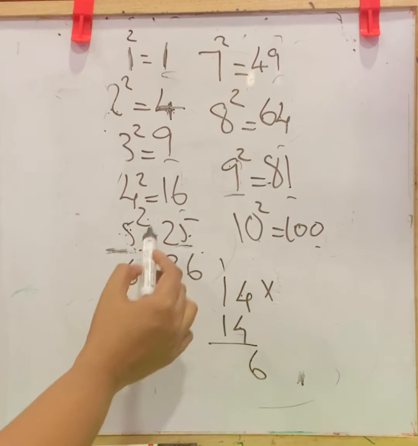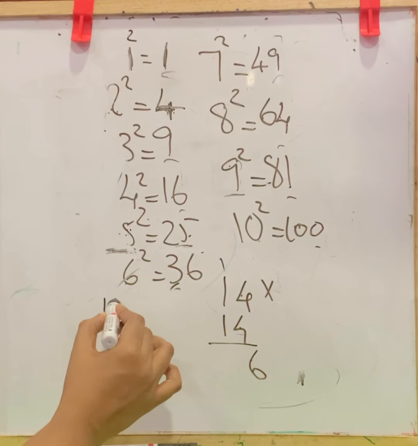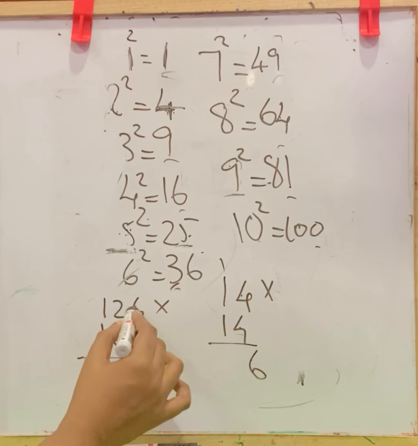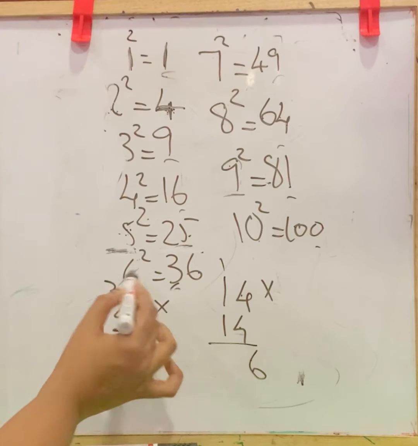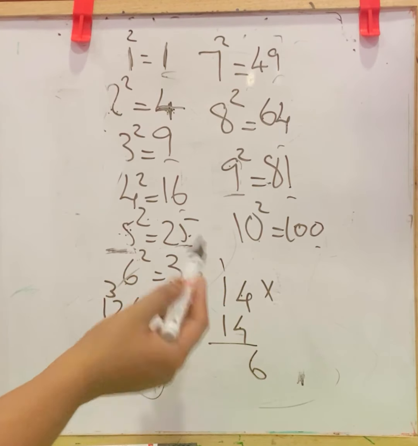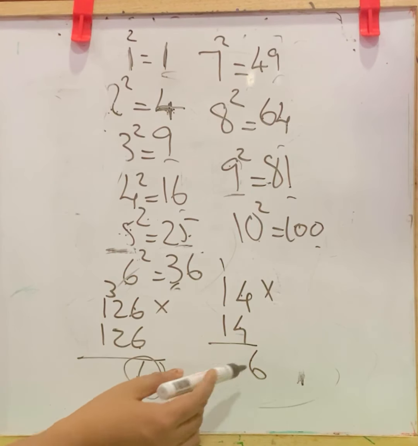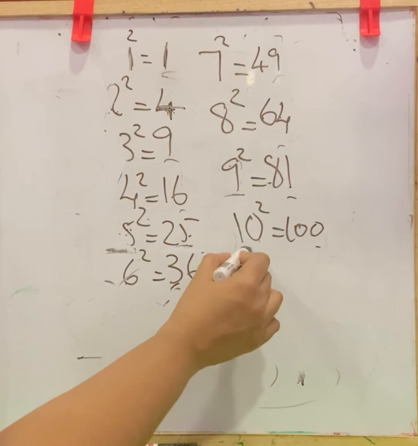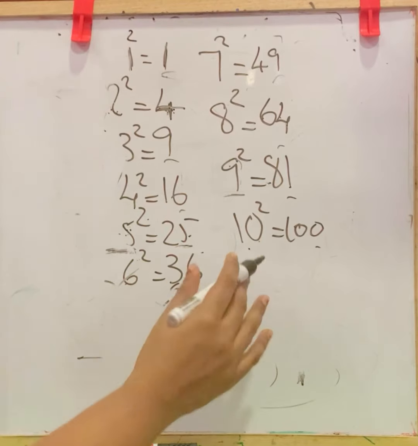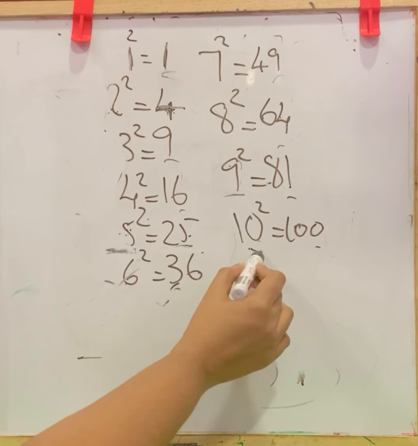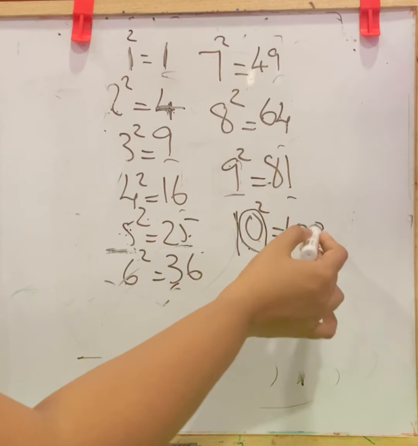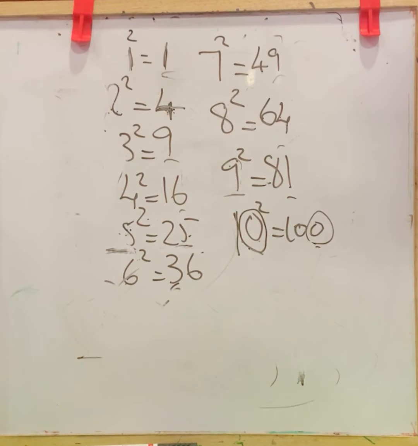Also, if a number is ending with digit 6, then its square's units place will be 6. When the number is ending with digit 0, its square's units place is always 0.